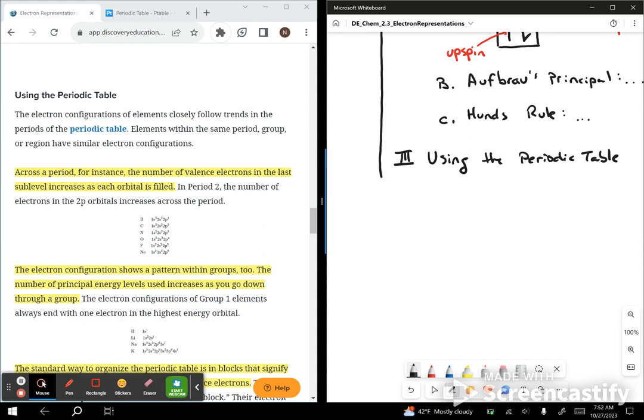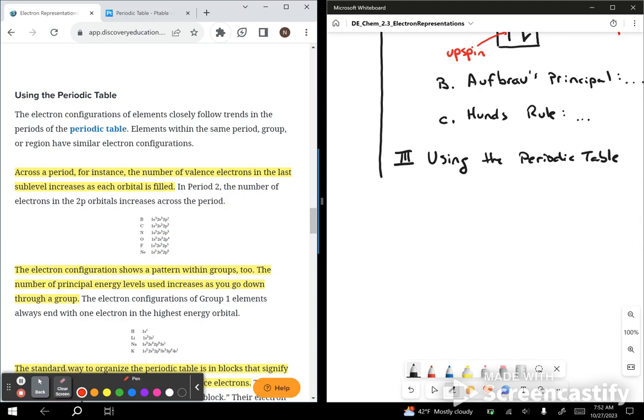If you jump to paragraph 2, across a period, for instance, the number of valence electrons in the last sublevel increases as each orbital is filled. And they give us examples of boron, carbon, nitrogen, oxygen, fluorine, and neon. And you can see how this was number 1, this was number 2, this was number 3.